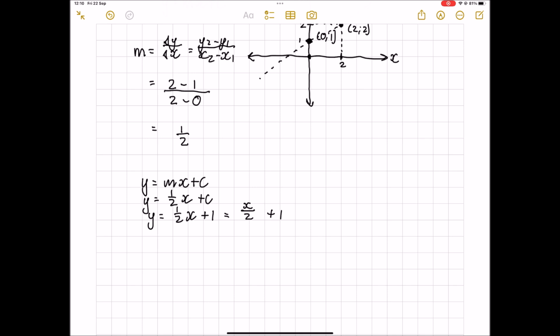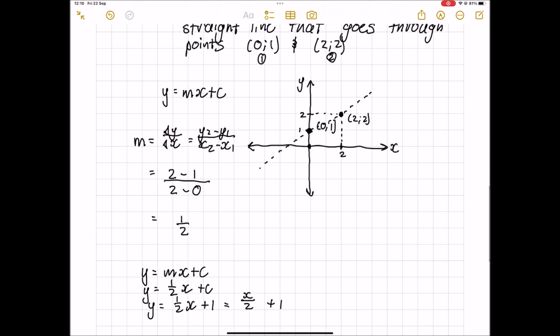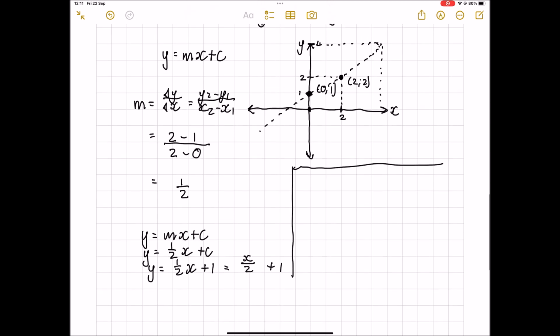And let's say they ask you a question on the same graph that we did here. What would the x coordinate be if the y coordinate is 4? So where the y coordinate is 4, what is the x coordinate going to be? So I'll do it over here. I'll write my y equals mx plus c equation again. And they said, what would the x coordinate be if y is 4?